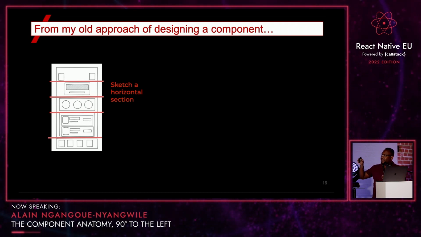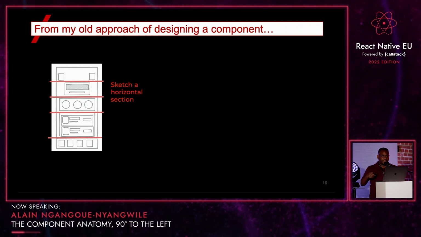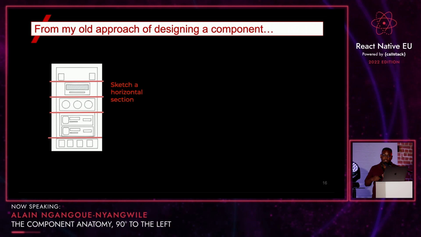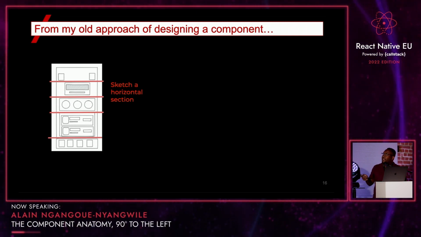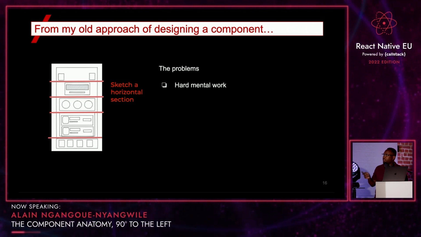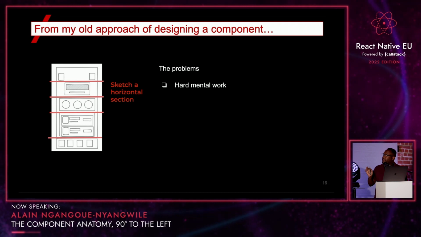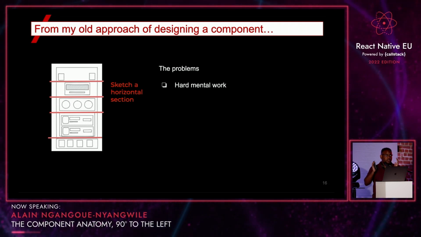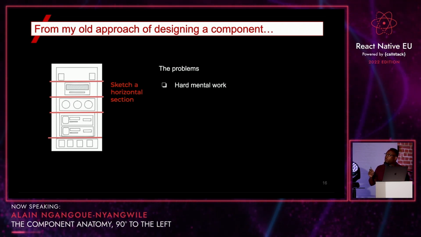You extract the components and their properties. And in addition to this, you need to think about the existing code, the specific rules, and the side effects. This is a lot, okay? So it leads me to the first problem I noticed, a hard mental work. So to get out of this awkward position, you had better develop a strong process to guarantee you won't forget anything.